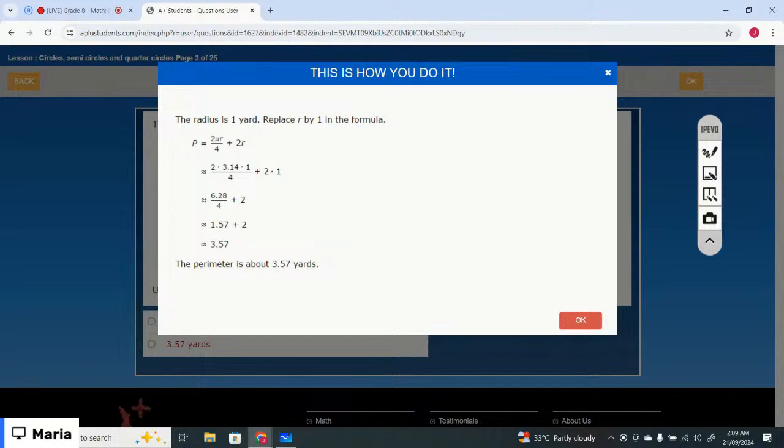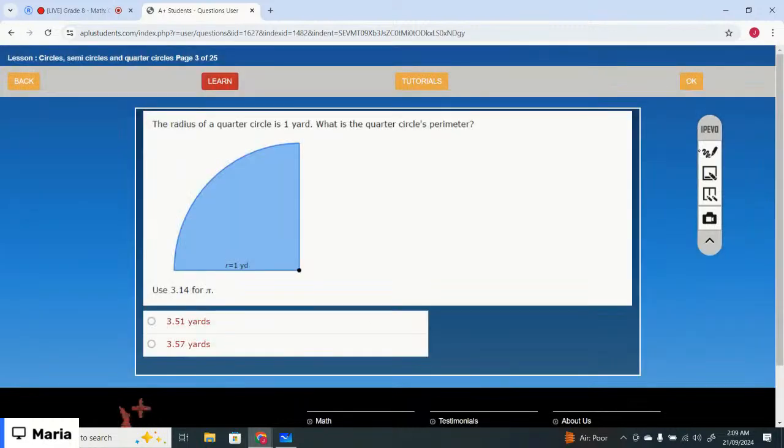Got it? So the correct option is 3.57 yards. Option number 2 is the correct option.